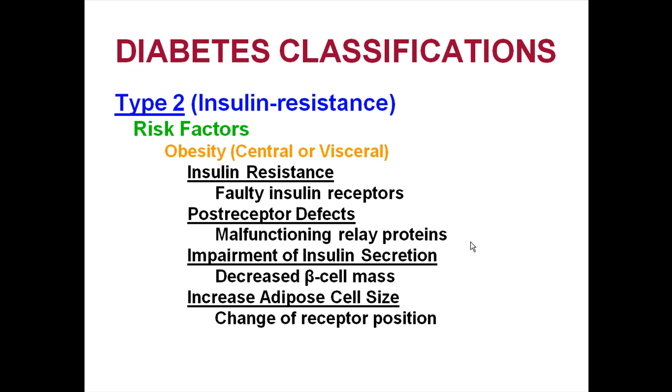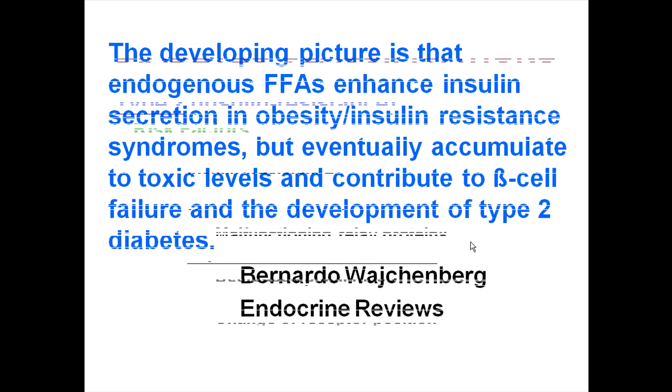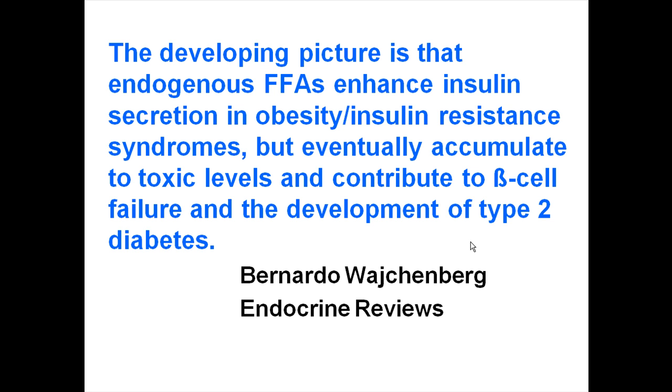And so if you lose that weight, the cell size gets smaller, the receptor gets back to normal, and the insulin works. So you'll find that in a lot of cases of type 2, if individuals lose weight, they can control their type 2 diabetes that way, but it's a possibility. So those are 4 possible mechanisms by which type 2 diabetes could be formed.